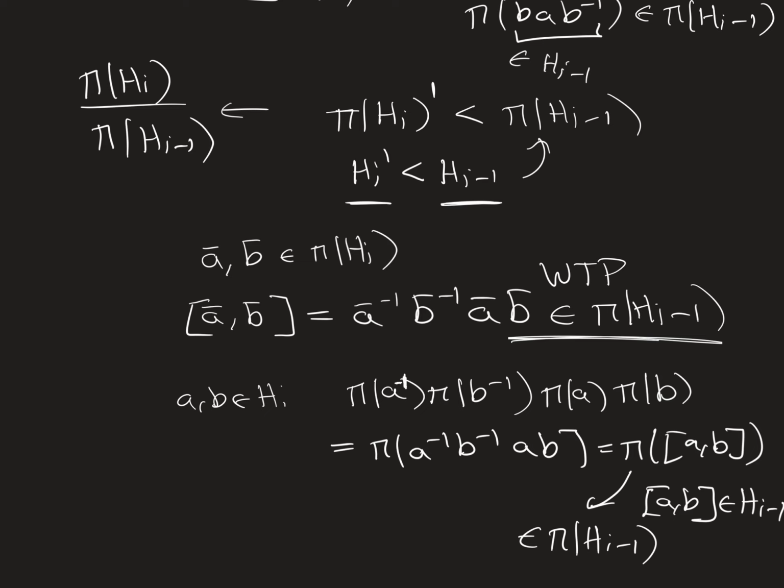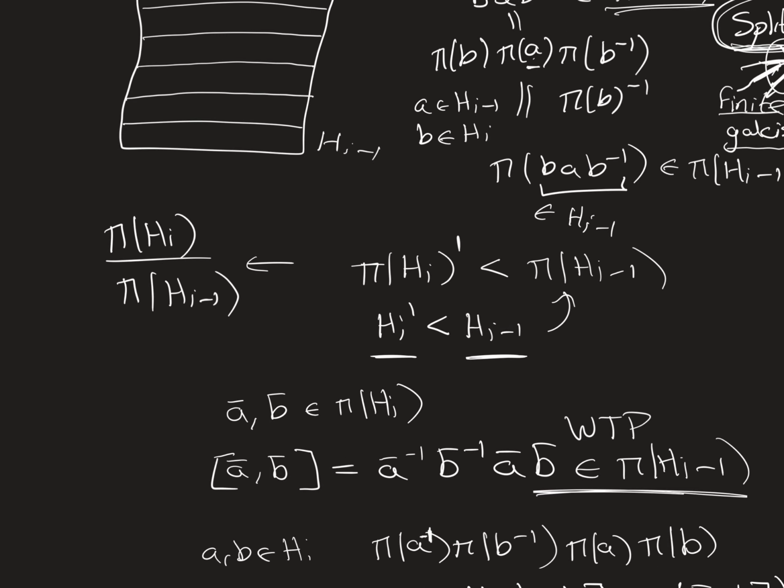So that's an argument as to why these quotients are abelian, because I can prove that the commutator of this thing is contained inside this subgroup here, from the fact that the commutator of H_i was contained inside H_{i-1} because the quotient was abelian.